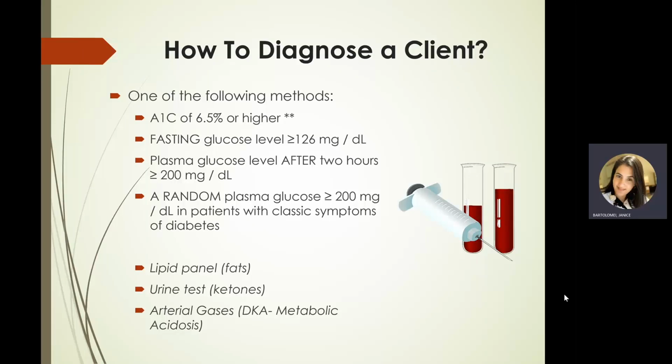This is a blood test that your doctor can order, and it basically tells the doctor your average glucose level in about 2 to 3 months. So here there's no cheating or lying from the client. This blood test will tell you how your glucose level has been for the past 3 months on average.